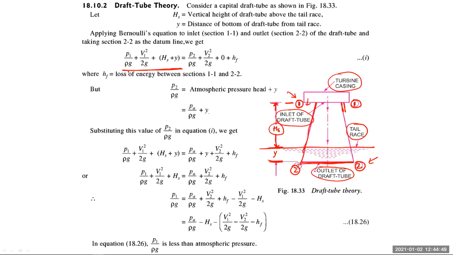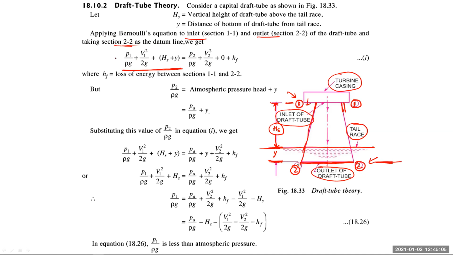Here it is written: applying Bernoulli's equation at inlet and outlet of the draft tube and taking section 2-2 as the datum line.